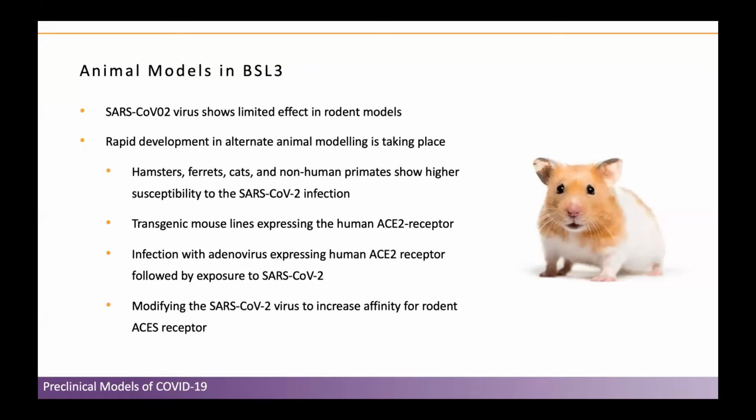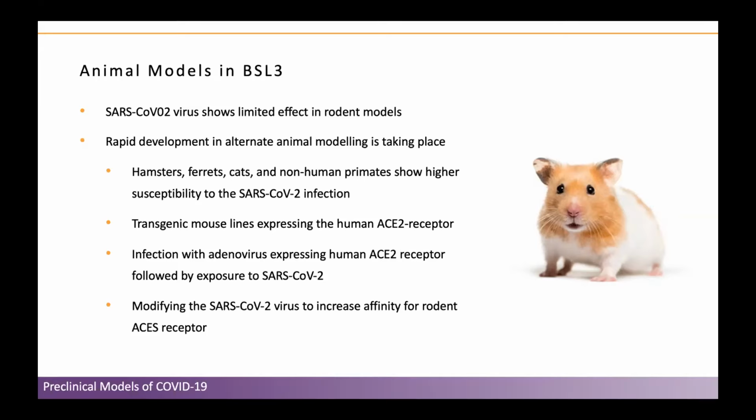One of those models that's been used quite a bit is the golden Syrian hamster, because this animal model has shown high susceptibility to this infection. Ferrets, cats, and non-human primates have also been shown to be susceptible to this virus, but as many researchers know, as soon as you get into those larger animal models, the ethics guidelines take quite a bit more to get through. So a lot of work has been focused on these golden Syrian hamsters.